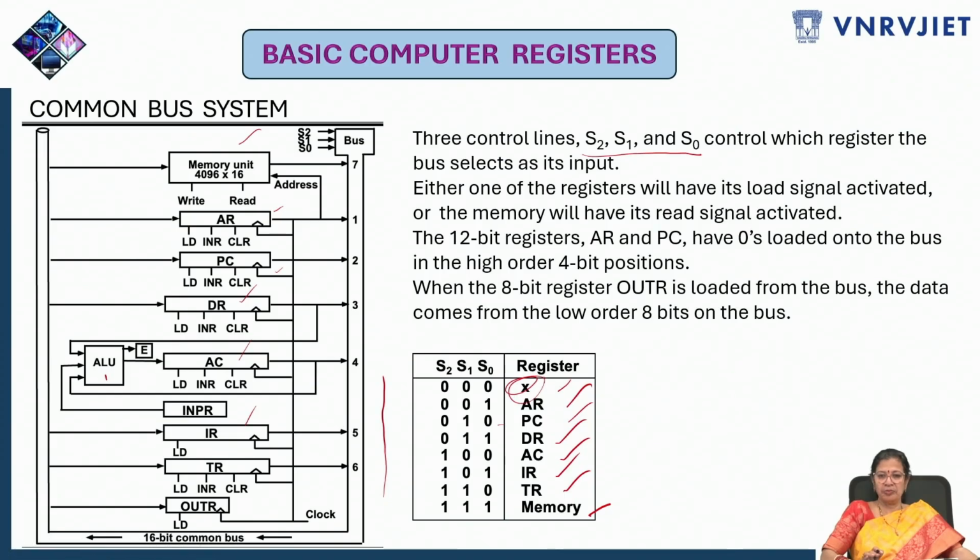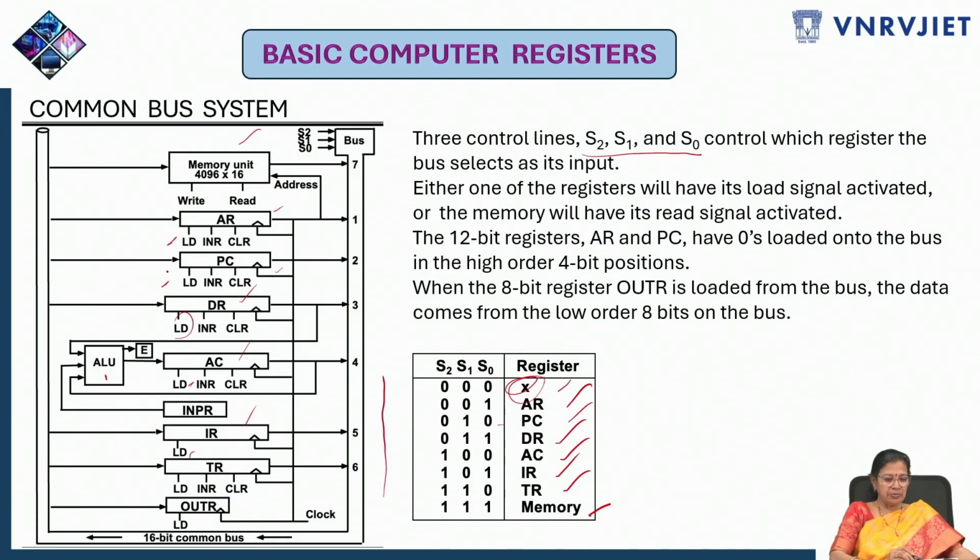Suppose we want to transfer data from memory into any of the registers. What is to be done is that one of the registers' load signals will be made active. Load means to load some data from the bus onto the register. Every register has a load signal.